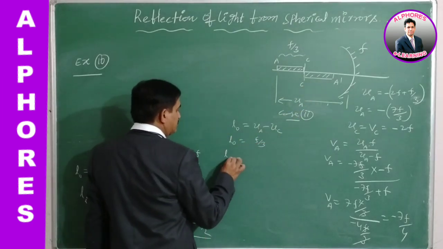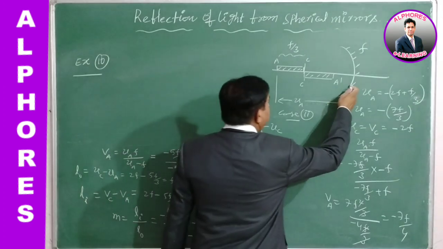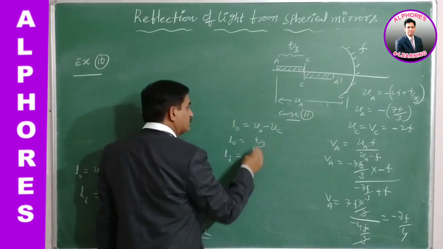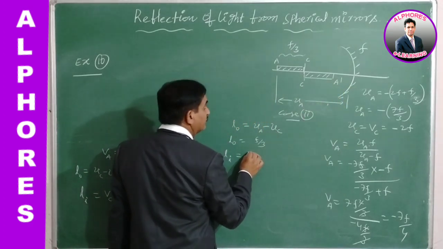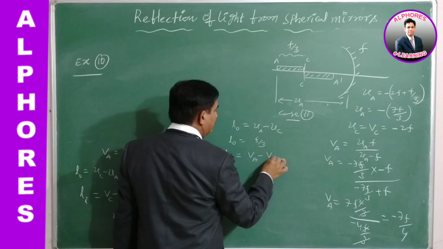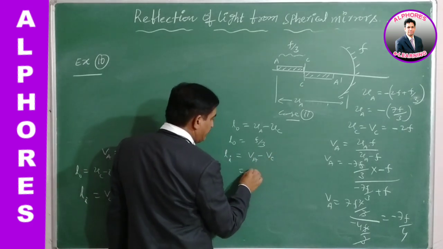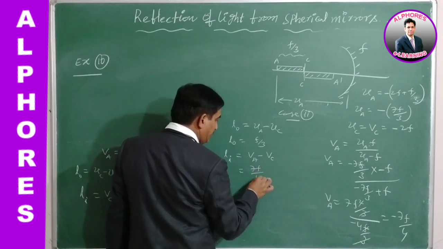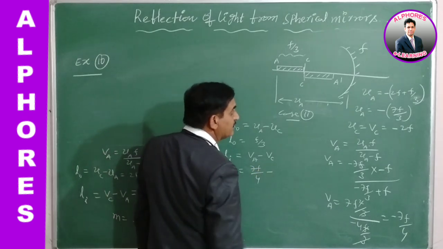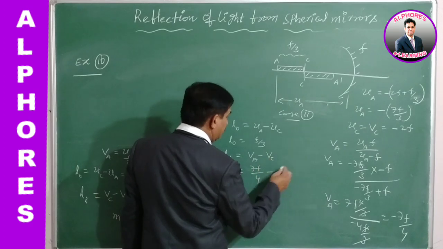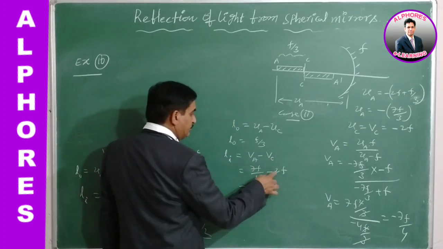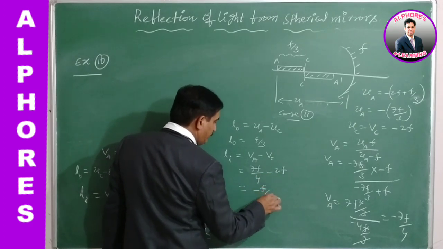And the image length: here VC is greater and VA smaller, so the order is A to C. So VA minus VC. VA is how much? Just considering magnitude over here, minus VC, that is 2F. Don't use the sign convention over here. So 7F by 4 minus 2F gives F by 4.